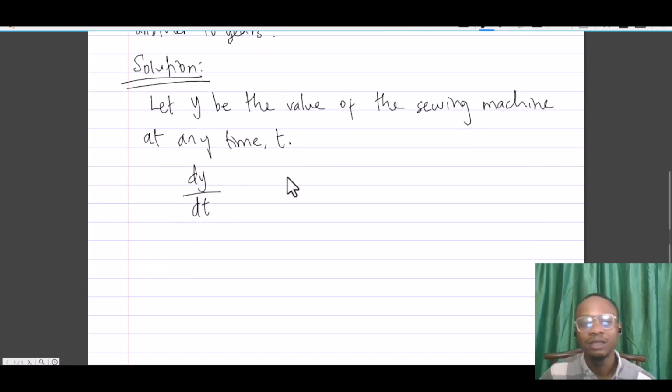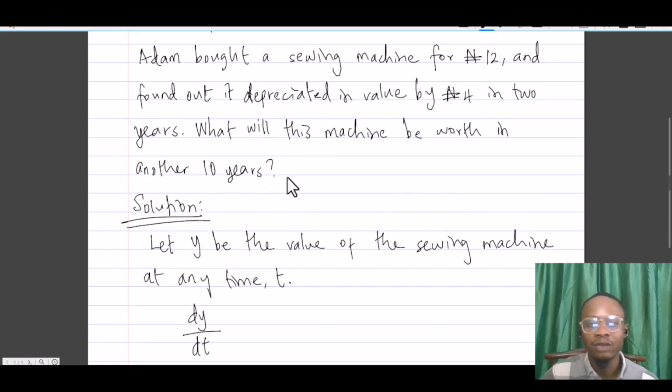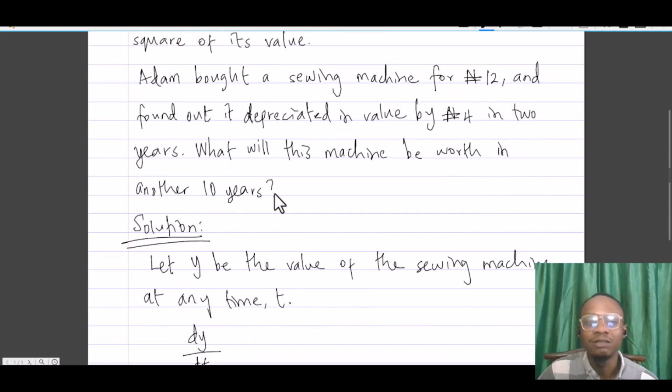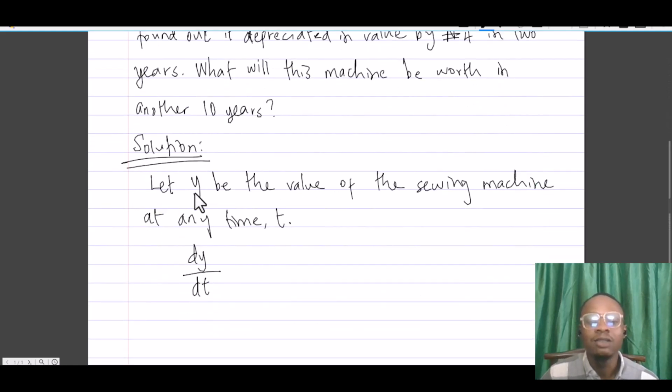It says that the rate at which it depreciates is proportional to the square of its value. We know its value is y, so this rate of change is proportional to y squared.